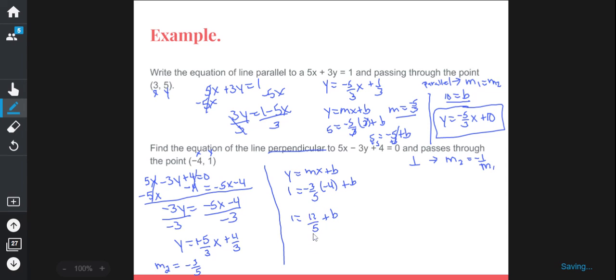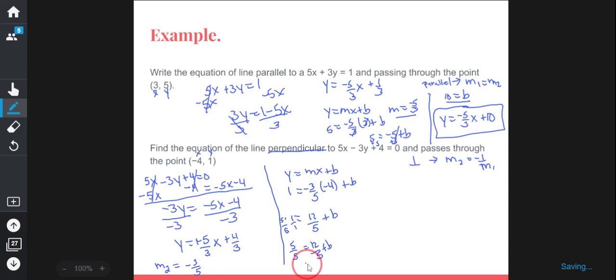And I'm going to subtract 12/5 from both sides. In order to do that, I need to make sure 1 is written in terms of 5/5. So I'm going to multiply 1 over 1 by 5 over 5 to get that into fifths. So I'll get 5/5 equals 12/5 plus b. So now I have everything in fifths.